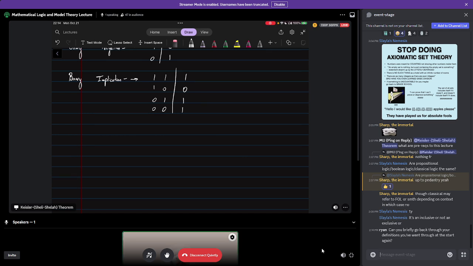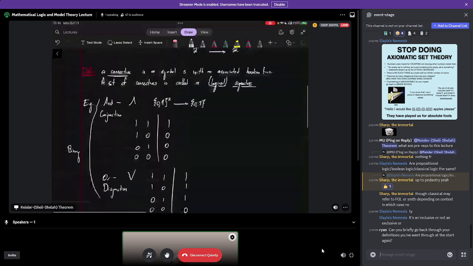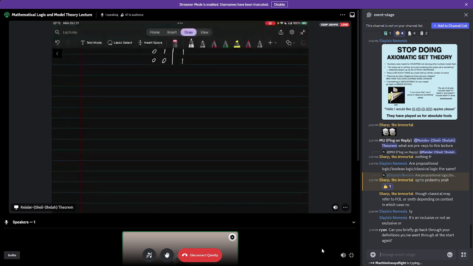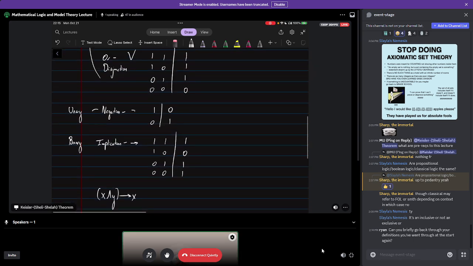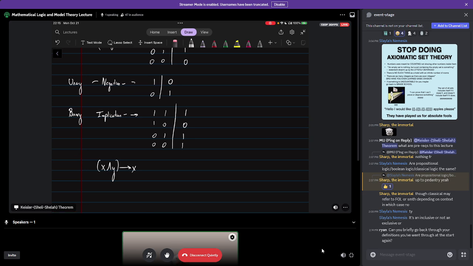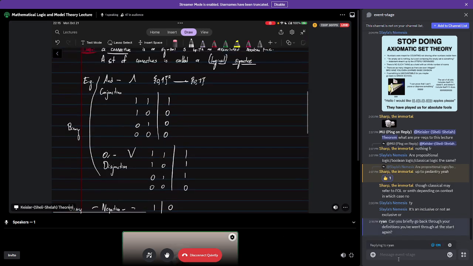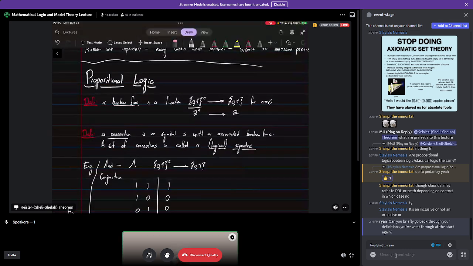Okay, so I have conjunction, so I can write X and Y, X or Y, or X implies Y. But I want to be able to write things like X and Y implies Z, or X and Y implies X. Firstly, a Boolean function is just a function from Boolean values: it gets a couple of Boolean values and spits out a Boolean value.